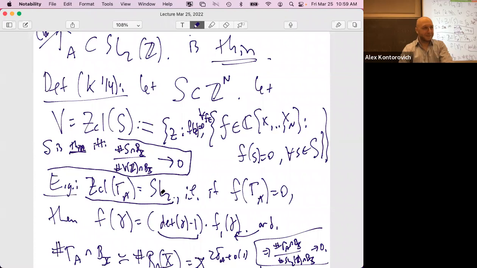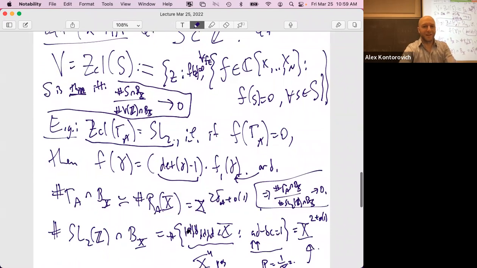And when you write big X, you mean a ball centered at the origin of radius X. Yeah, X is the radius. I want to count how many points there are with all the coordinates bounded by X. So this is an L infinity norm.